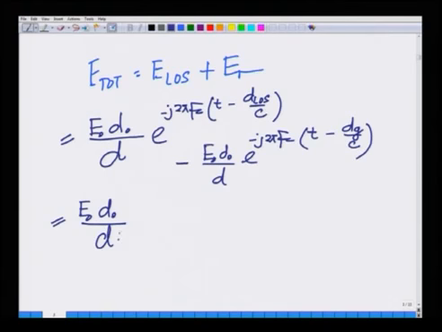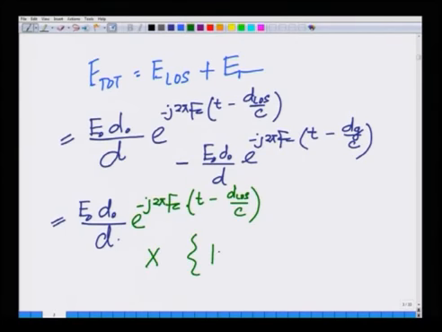And this is nothing but E naught d naught by d into e power minus j 2 pi f c t minus d LOS by c, times 1 minus e power j 2 pi f c delta d over c. All right.